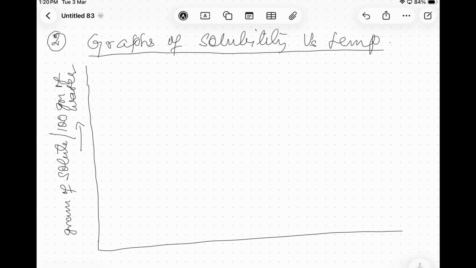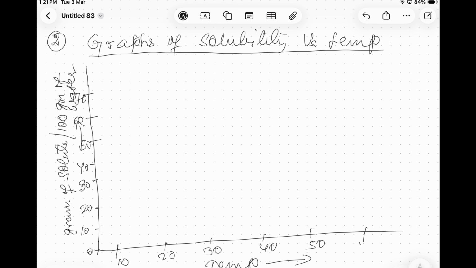In this way, and here it is 0. The value increases 10, 20, 30, 40, 50, 60, 70, etc. And here is temperature, increase of temperature from left to right, 10, 20, 30, 40, 50, 60.